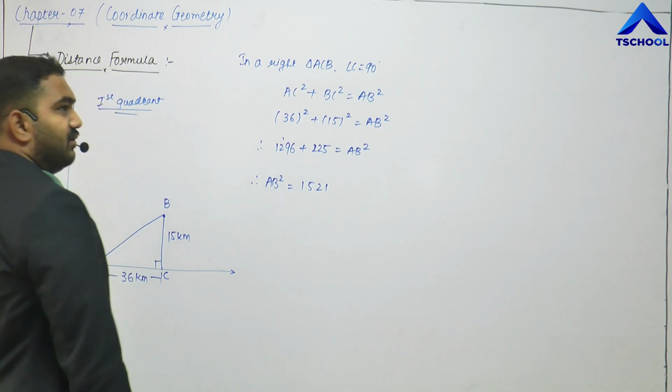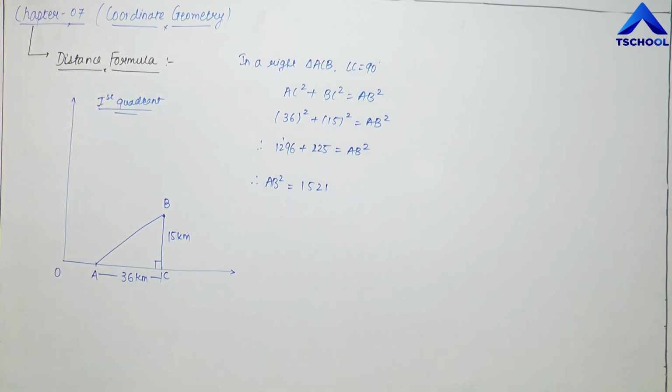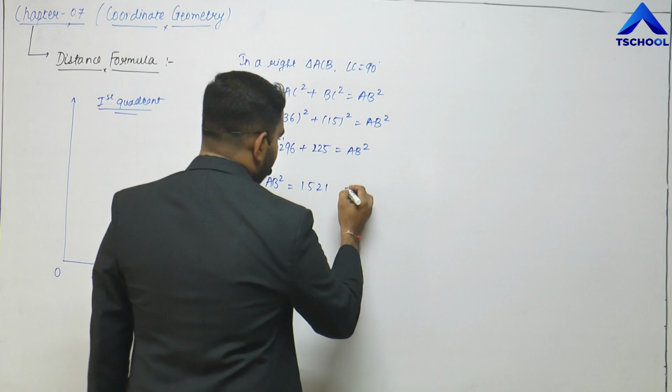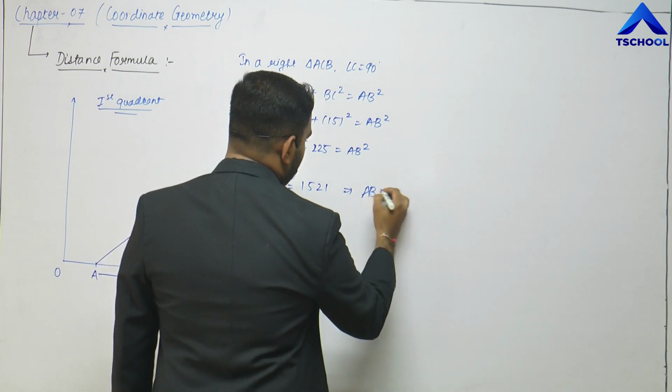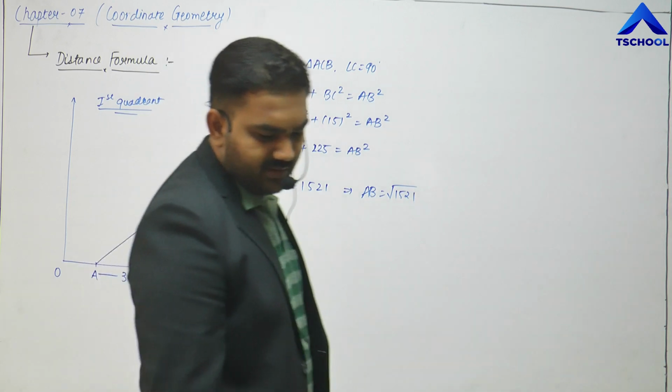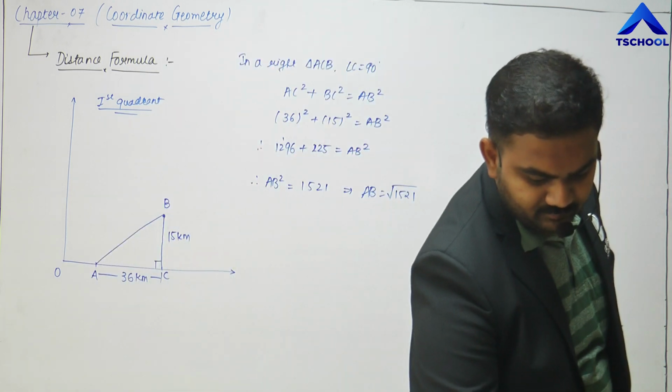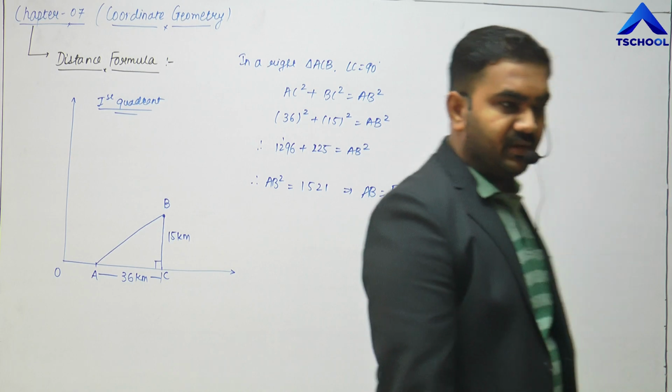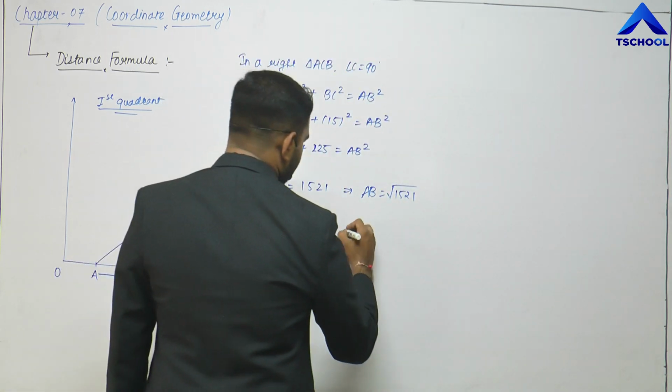So we need to find the square root of 1521, which is equal to 39.